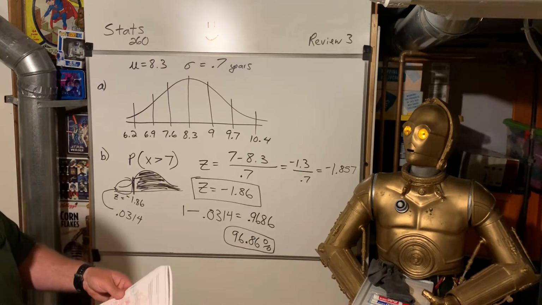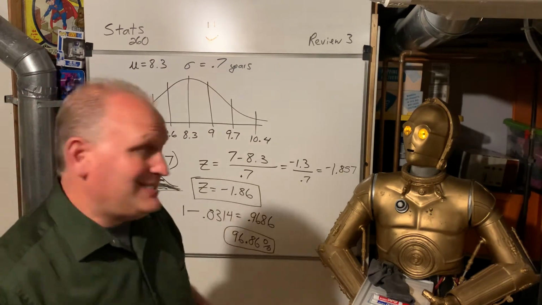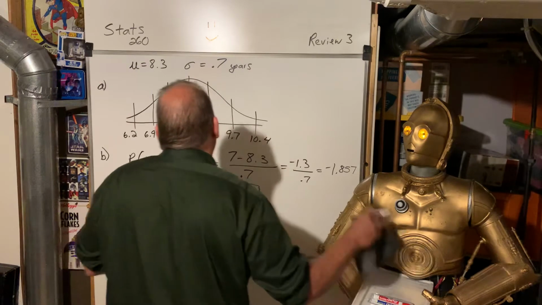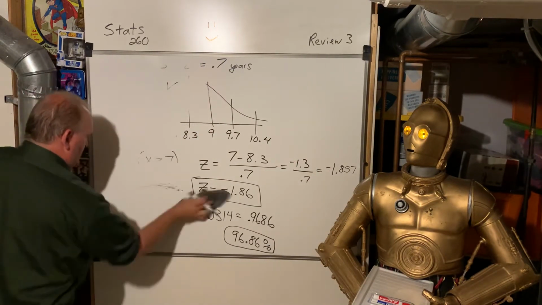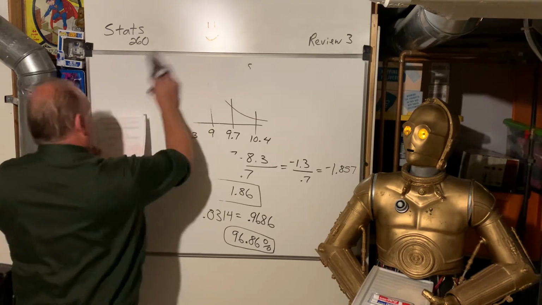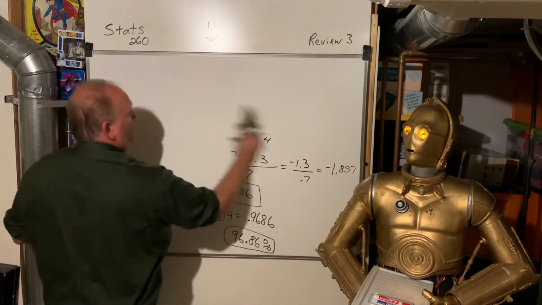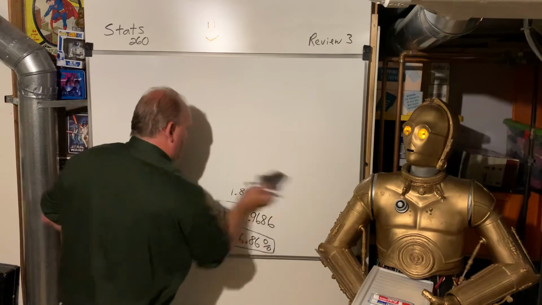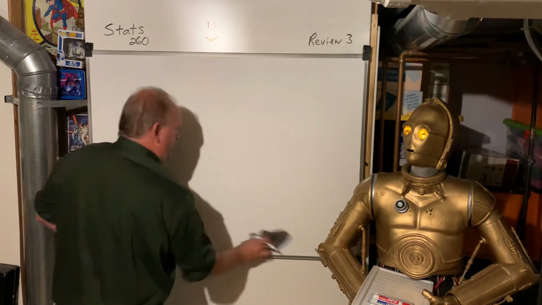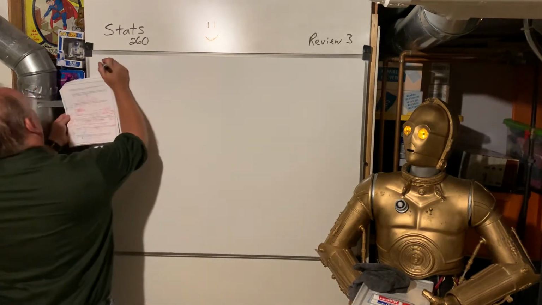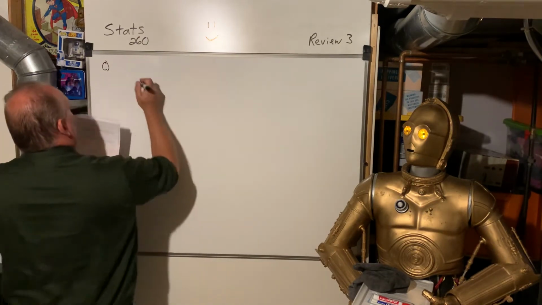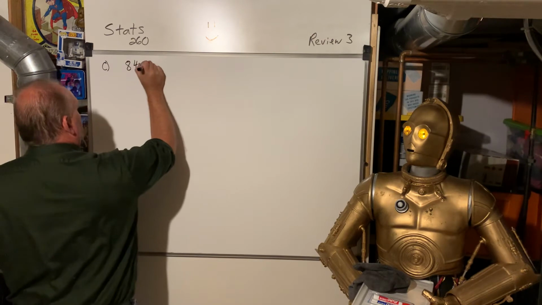Okay, let's look at C. C is tough. C is tough for a couple of reasons. So let me erase this so we have enough room to do it. All right, so letter C is find the age of the car that would give you the 84th percentile.